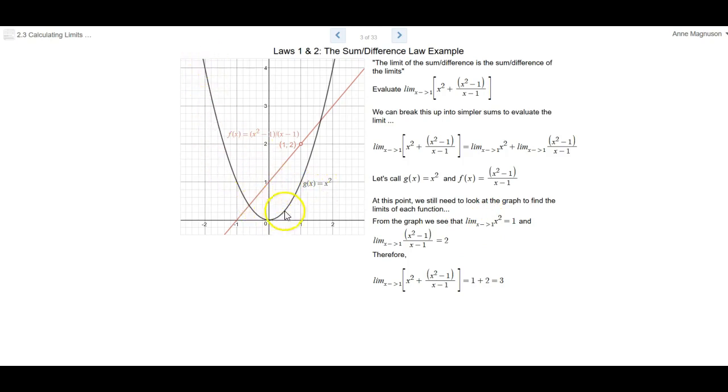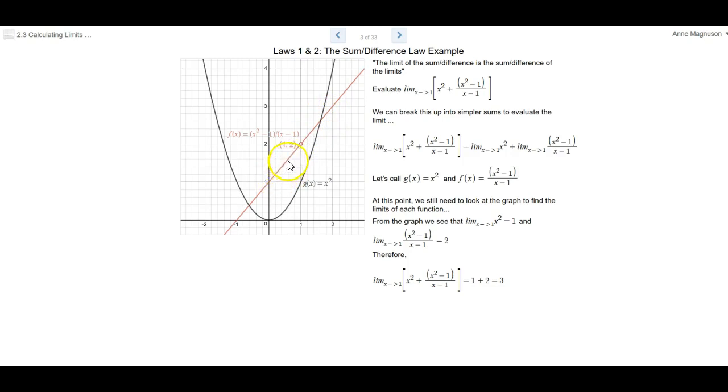So here's g of x equals x squared. And the limit as x approaches 1, if I follow along the graph as x approaches 1 from both sides, right and left, I see that the limit is 1. And then my other function, this rational function, the limit as x approaches 1, I have a hole at x equals 1, but that's okay.